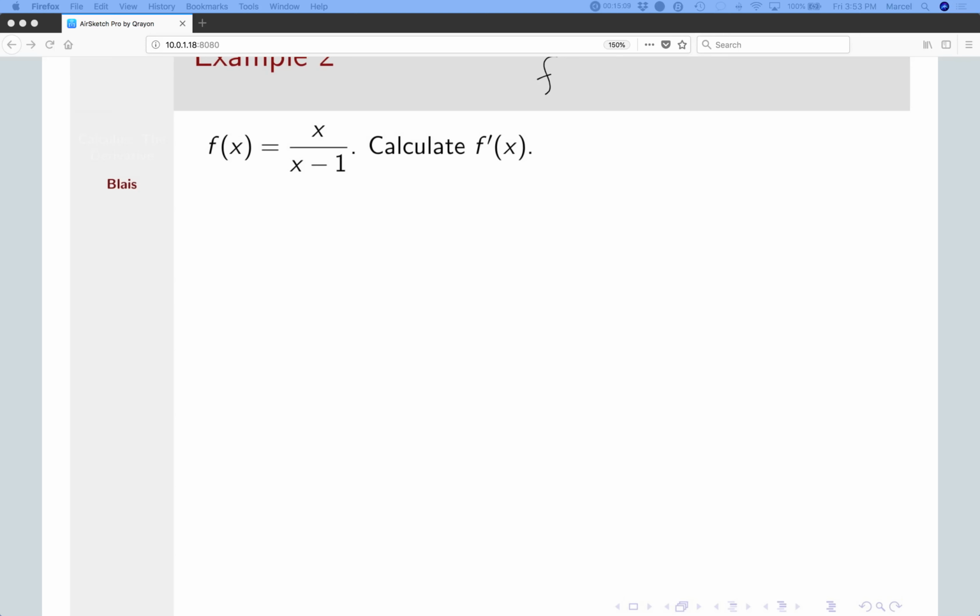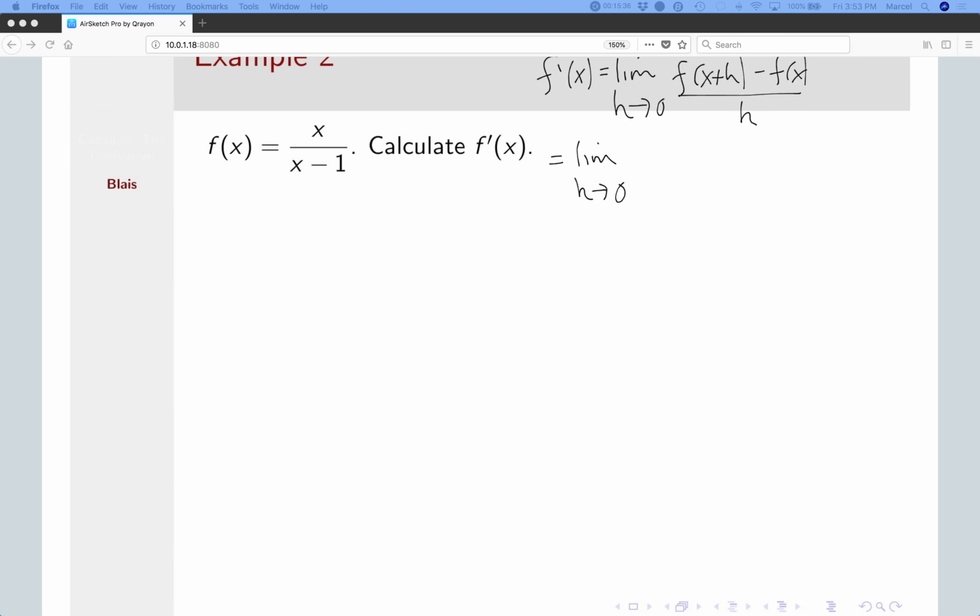So we have f prime of x equals the limit as h goes to 0 of the difference quotient, f of x plus h minus f of x all over h. And then we plug in to the function, limit as h goes to 0. So again, replace every instance of x here with x plus h for this first term in the numerator.